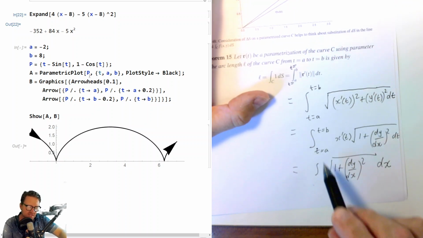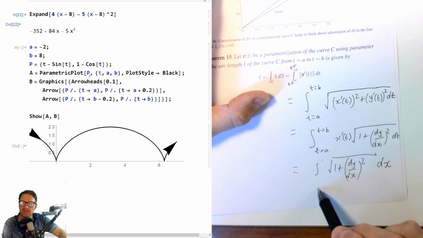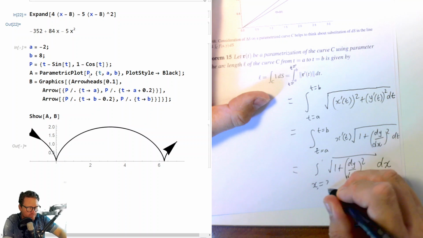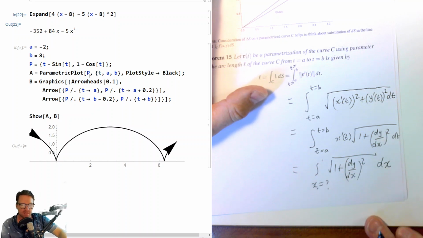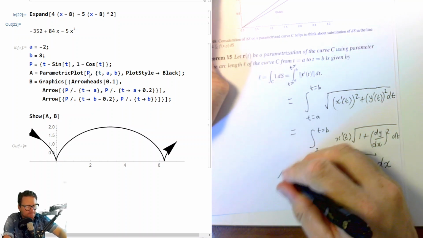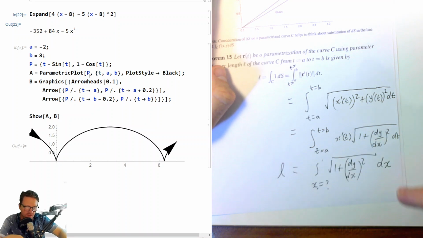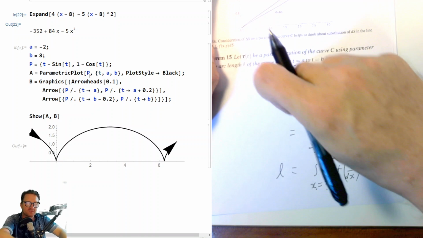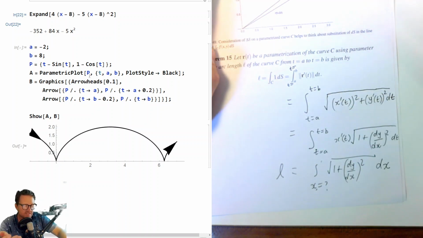Right, but now you have to change these values, find out what the x equals. Okay, so this is what you would have learned in a one variable calculus course. You would have learned this formula for the arc length. But here we've got a much simpler formula for it. This is a line integral.